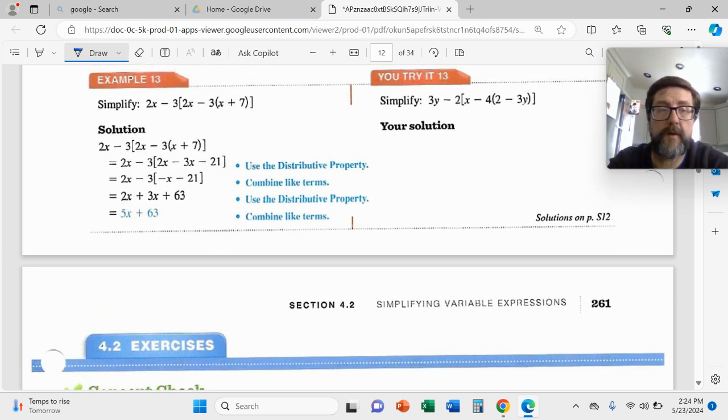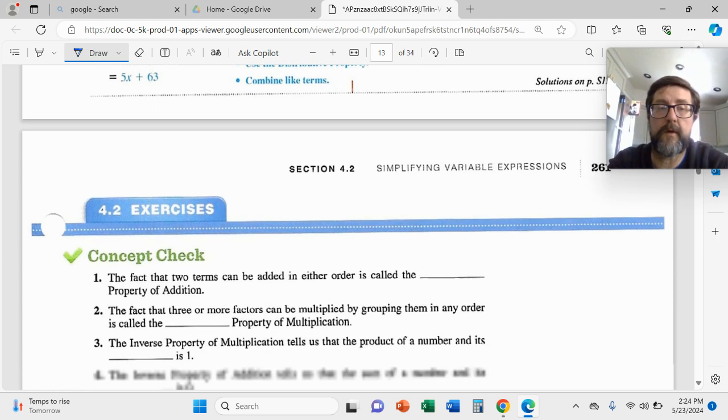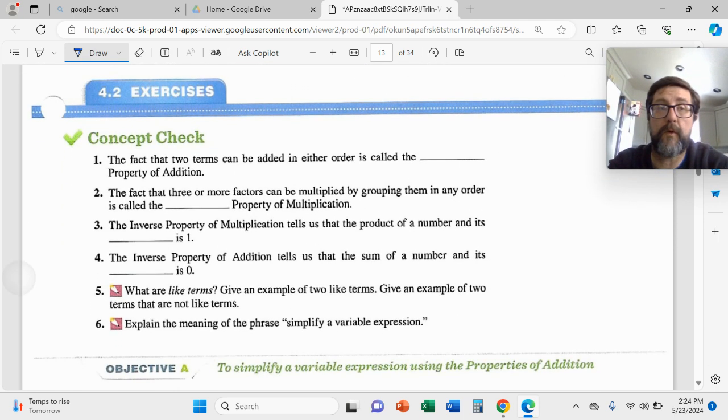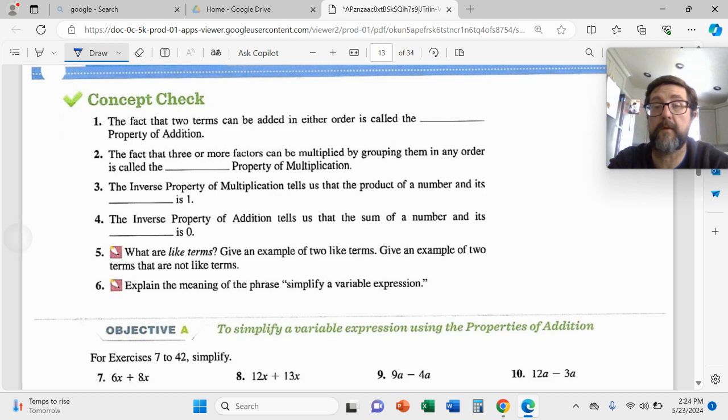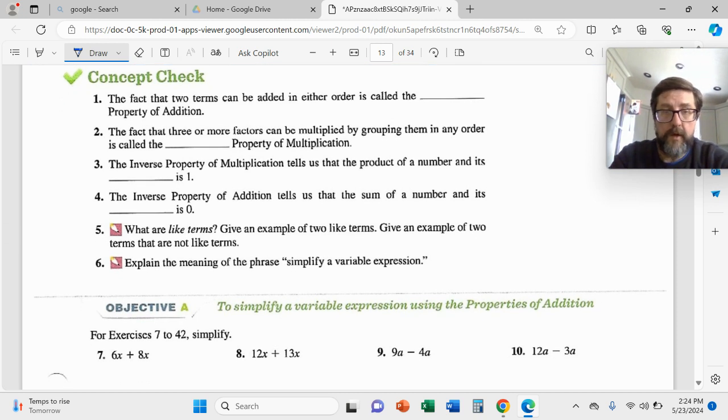Okay, we're on to exercise 4.2. We're on to the exercises, so we are at the end of this section. So pause it and work on these.